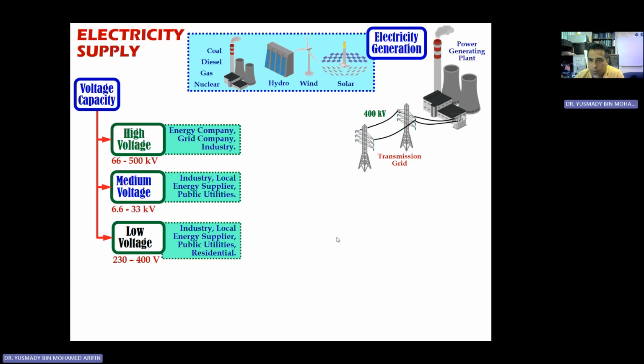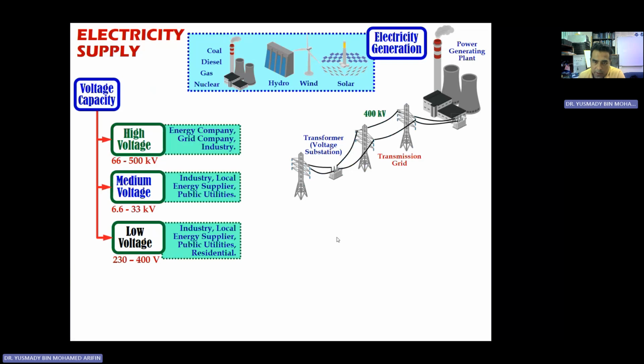Before the electricity is distributed to the customer, by using the transformer, we need to reduce the voltage before it arrives at the customer safely. First, we have the transmission grid, where the electricity voltage is reduced to 400 kilovolt and transmitted to other parts of the system through the transmission grid.